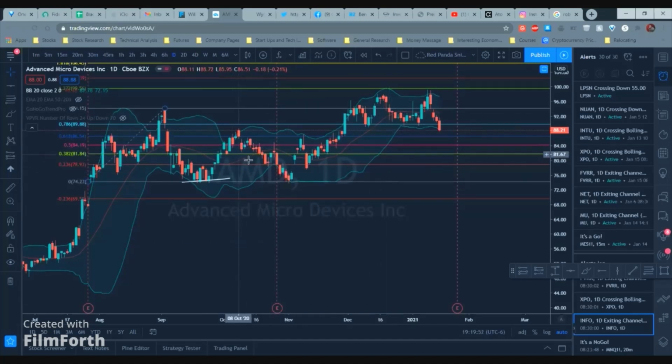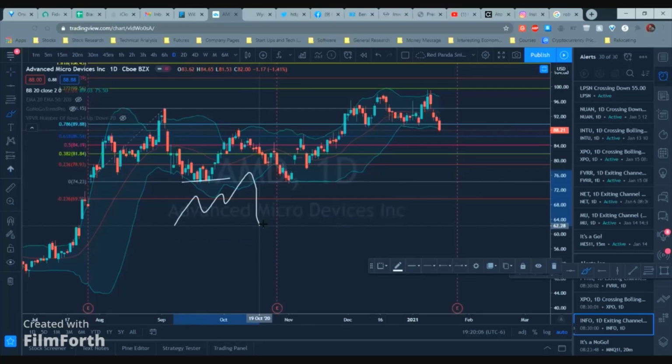A reaccumulation has what we call a creek, where price will do something like this and just completely go up, but it didn't do that here, so that's why it was a little bit confusing.